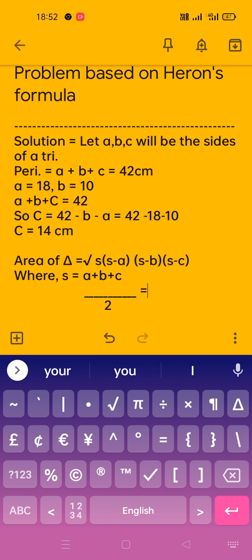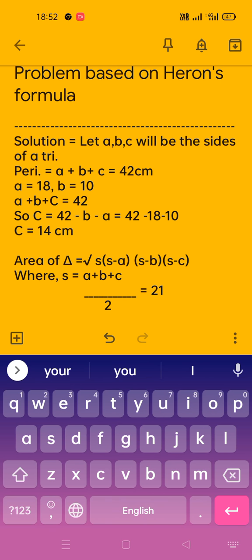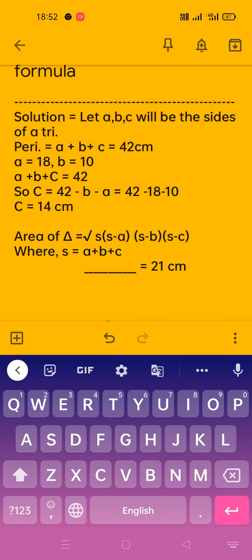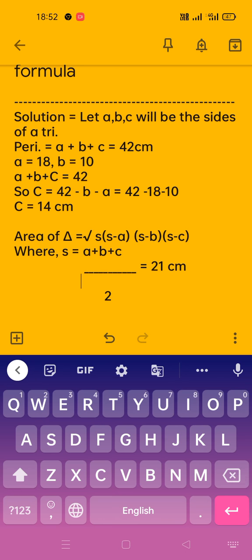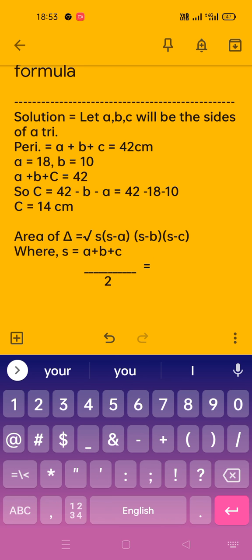When we divide it, it will be 21 cm, obviously. This will be the value of the semi perimeter. a plus b plus c divided by 2 is your 21, right?